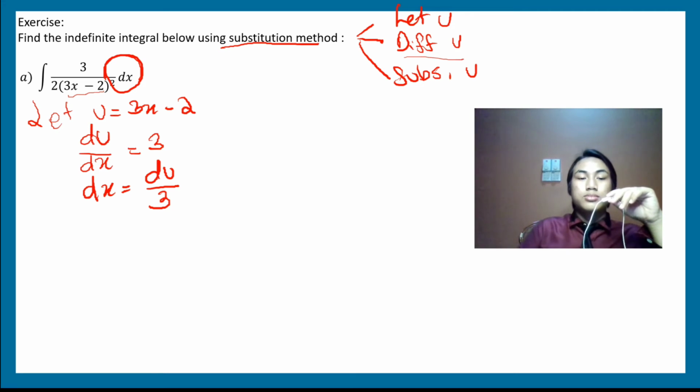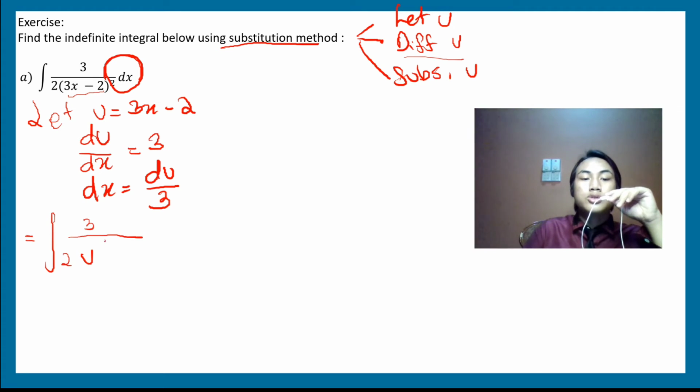So what you have to do is substitute all the information, especially the u and the dx equal to du over 3, into the given question. Okay, so here we have, okay, I will do here. So 3 over 2 u squared times du over 3.